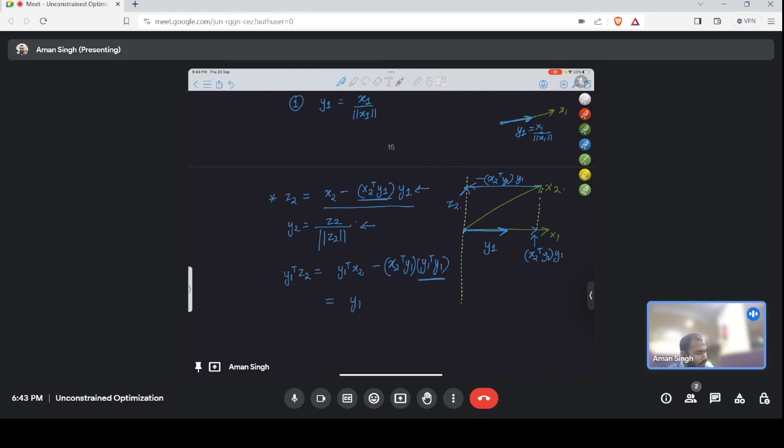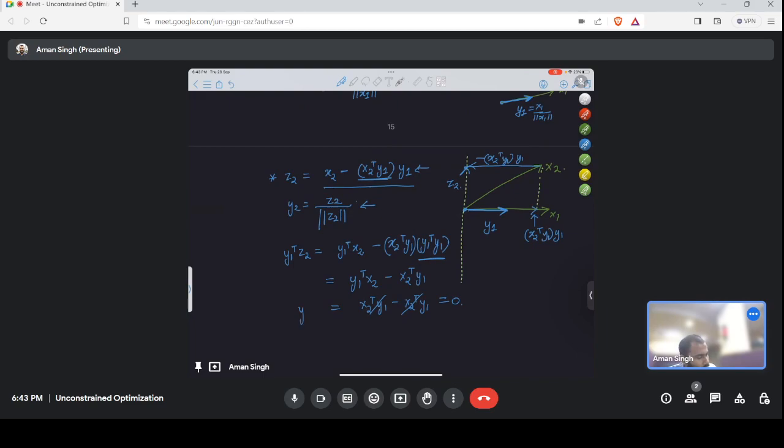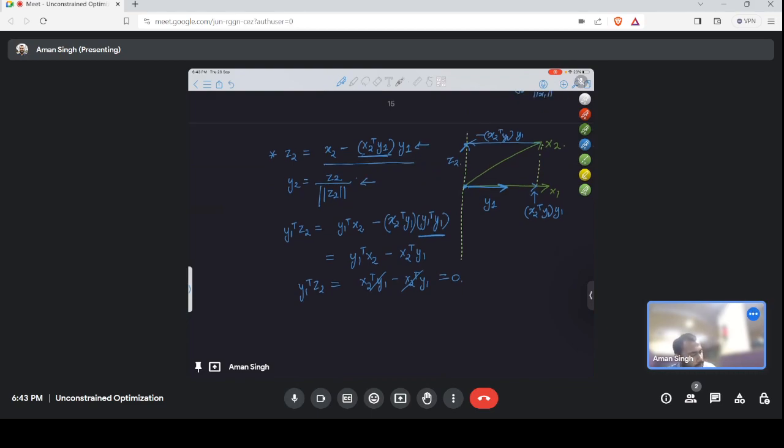So it will become y1 transpose x2 minus x2 transpose y1. We saw earlier in the properties of dot product that we can write it as x2 transpose y1 minus x2 transpose y1, which is 0. So indeed y1 transpose z2 is 0, which means y1 and z2 are perpendicular. So y2 is perpendicular to y1. Similarly, I'll just box it so that you know how to find it.